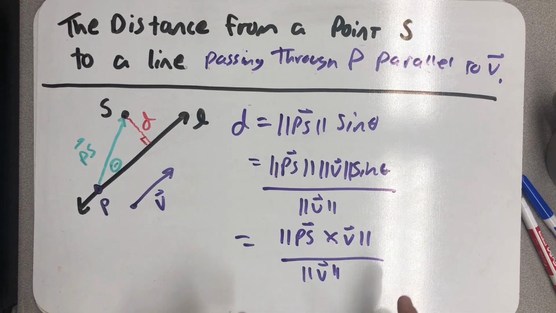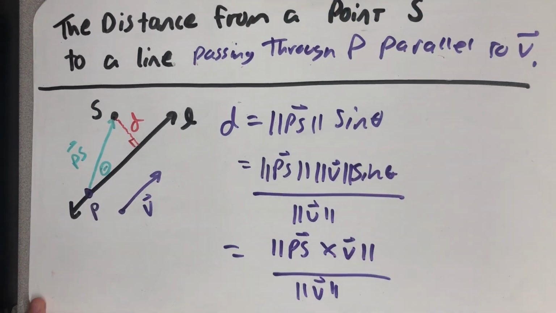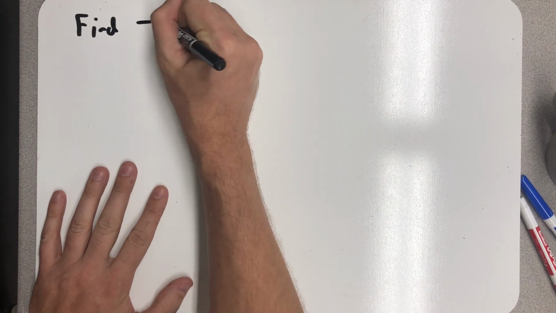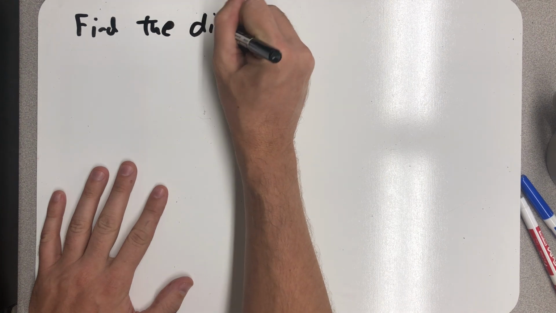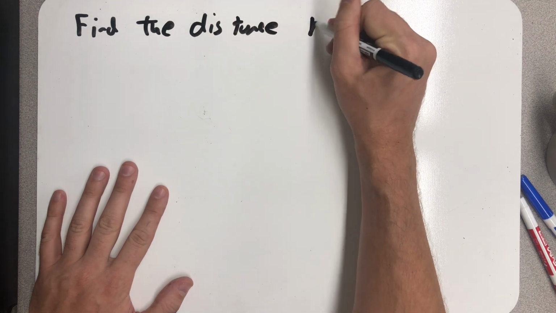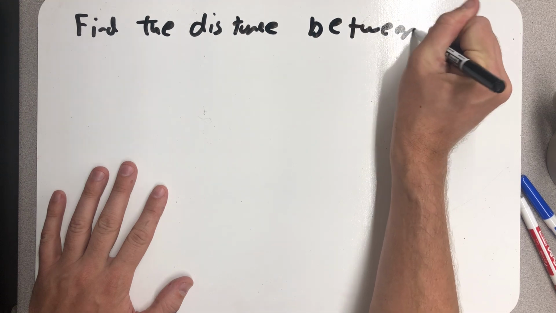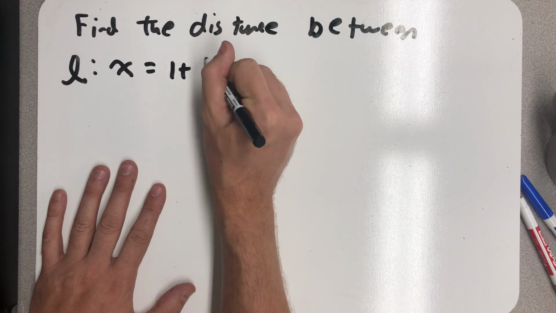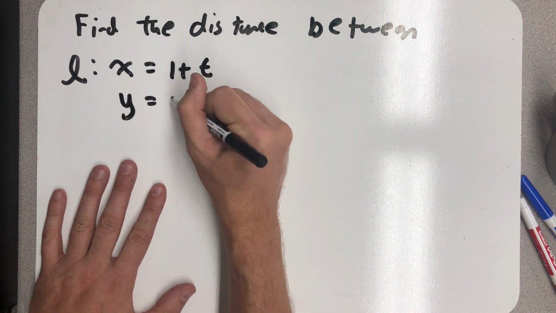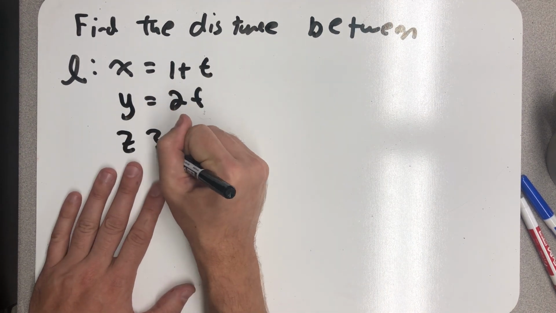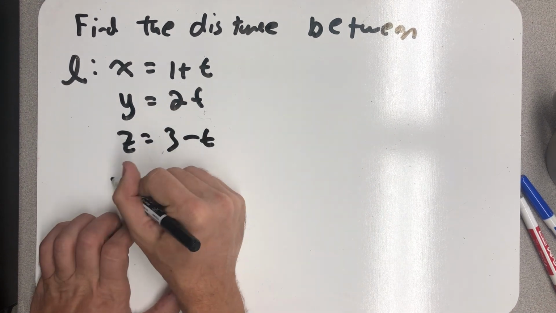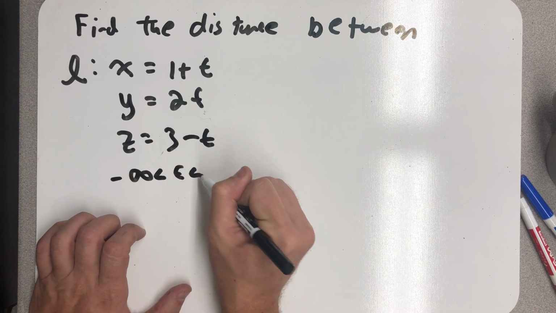So let's use this idea to calculate a distance between a particular line and a particular point. Find the distance between the line L, which has parametric equations x is 1 plus t, y is 2t, and z is 3 minus t, and t can be anything it wants to be.